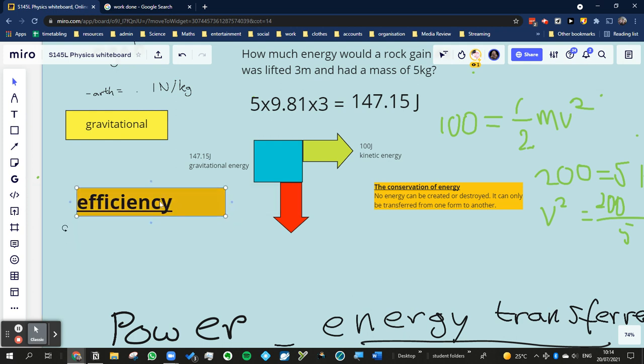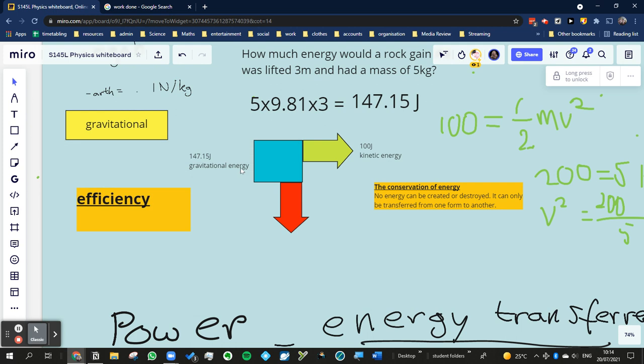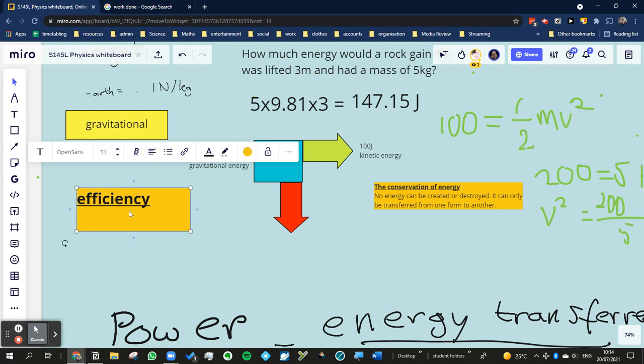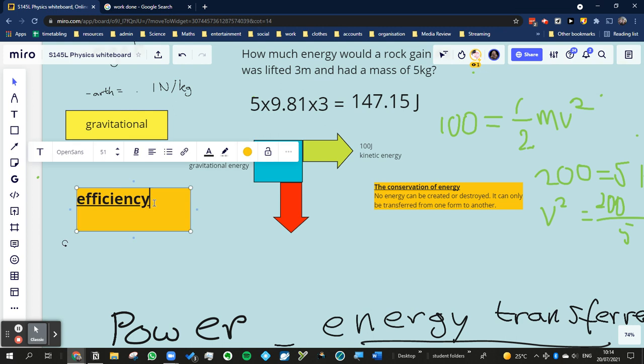Efficiency is how good is something at doing what it's trying to do. And we're going to pretend that this rock is trying to produce kinetic energy. So how good is it at doing that? It's usually in a percentage. It doesn't actually have to be in a percentage, but it doesn't have any other units. It's either percentage or no units.